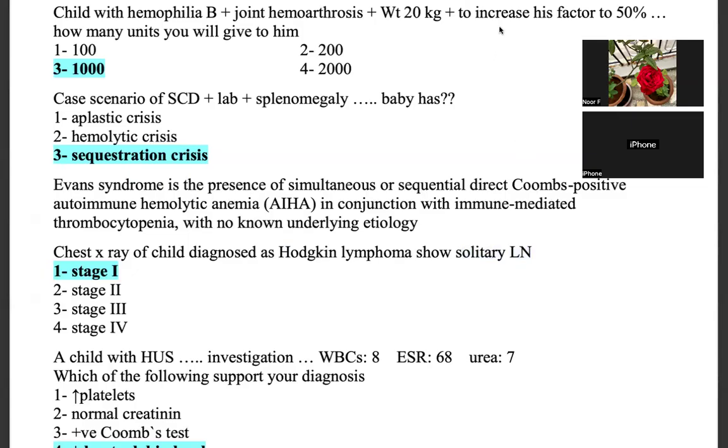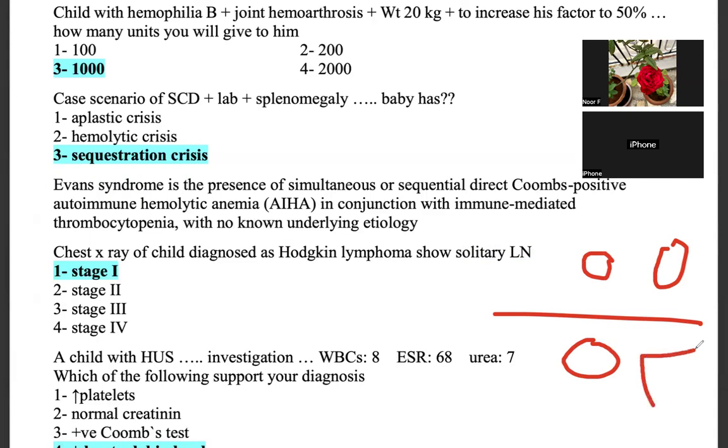Stage 2 means 2 or more groups involved on one side of the diaphragm, either the upper or lower side. Stage 3 means 2 or more groups involved on both sides of the diaphragm. Stage 4 means along with this, an organ is involved, suppose it has invaded the liver or something, this is stage 4. So here a solitary lymph node means stage 1.